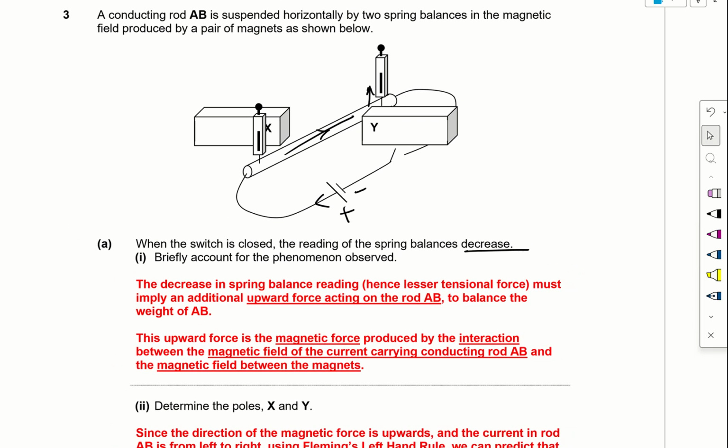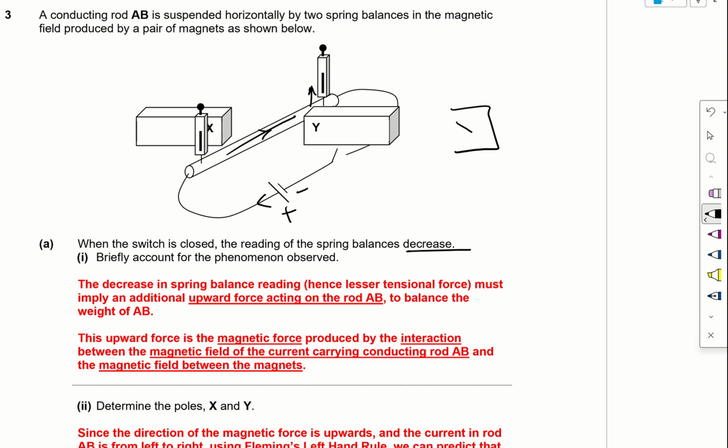Okay, so I like to convert it into a 2D diagram. If I am looking from this perspective, I will not see the whole length of the wire. Instead, I will just see the cross-sectional area.